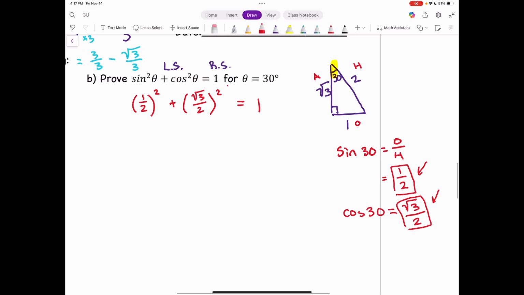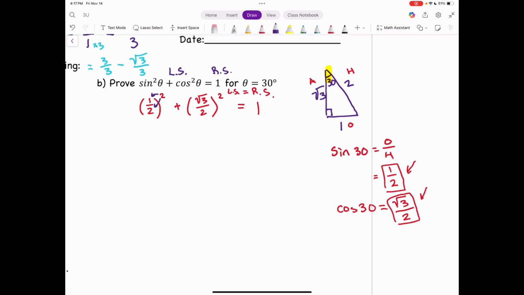So we're going to see how the left side equals the right side. We need to apply this exponent to the numerator and the denominator. So we're going to have 1 squared over 2 squared plus the square root of 3 squared over 2 squared equals 1.